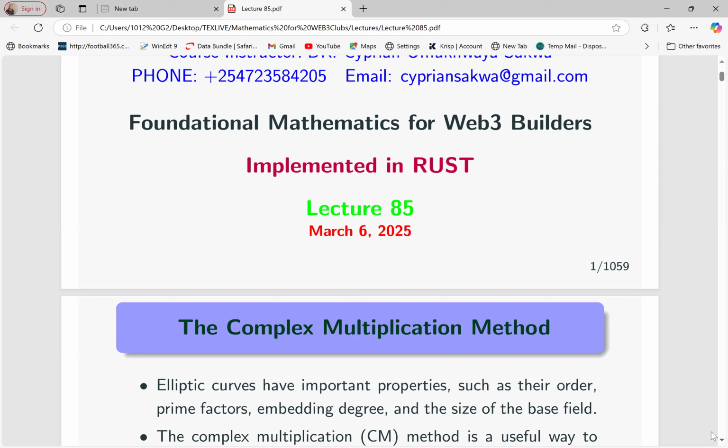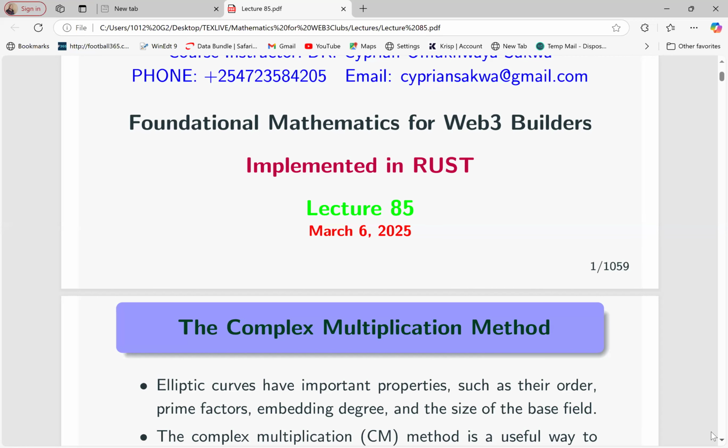Last time, in that introduction, we looked at how to get the trace and then the J invariant. Today we'll see how we use those two in coming up with the correct equation for the elliptic curve.